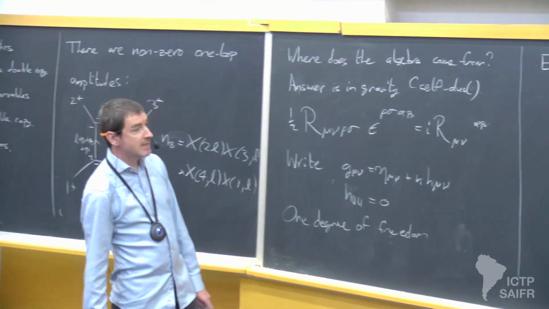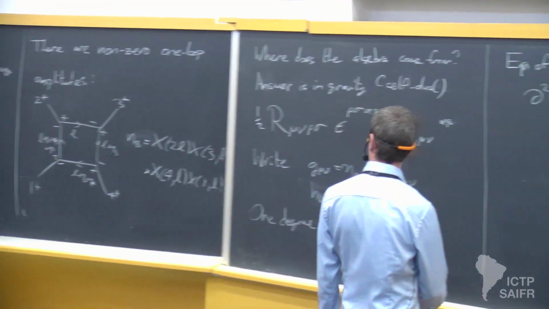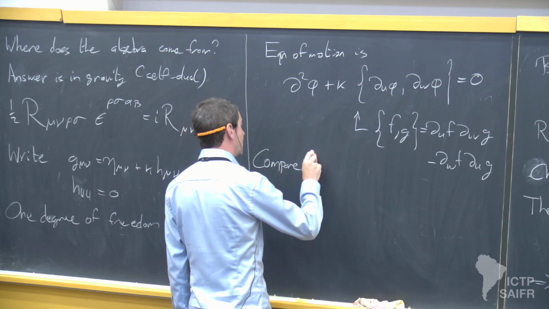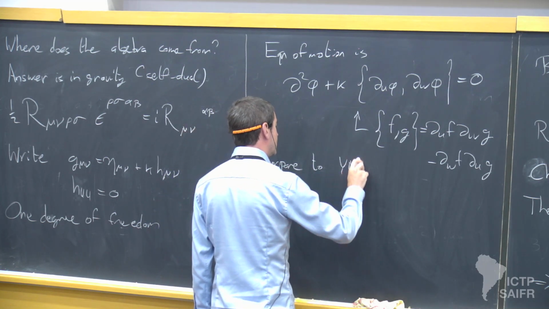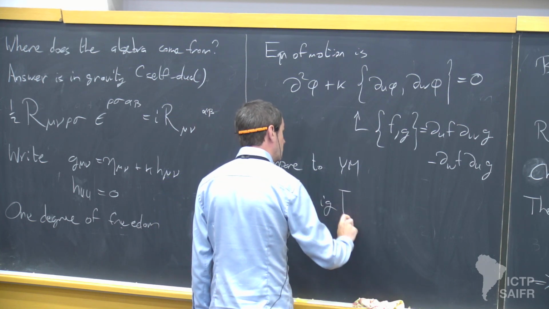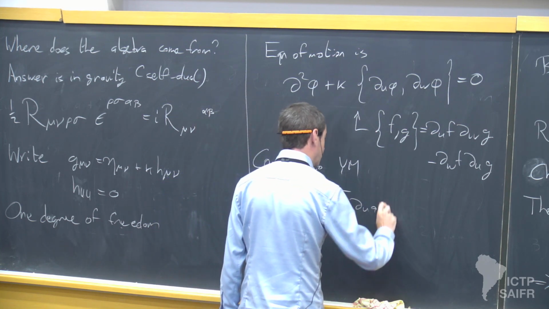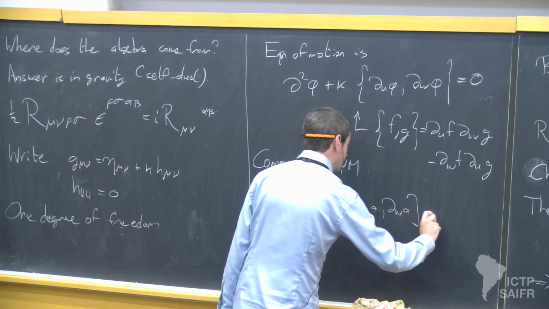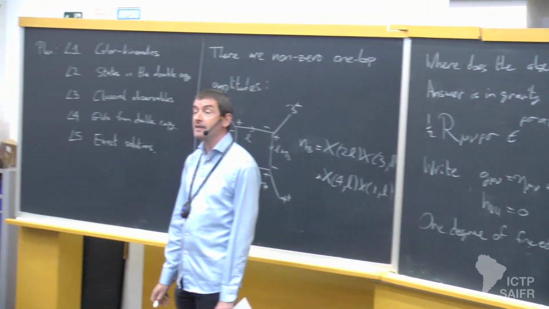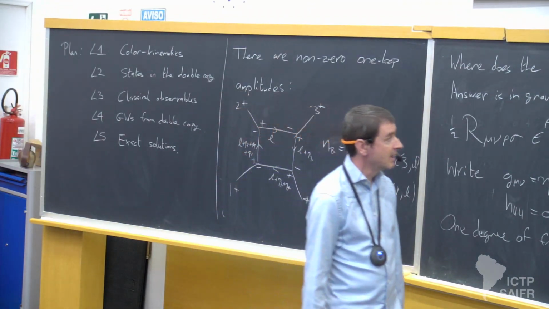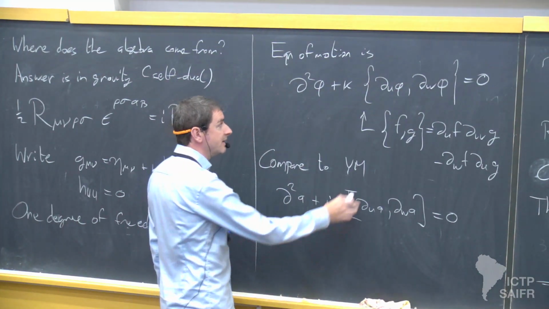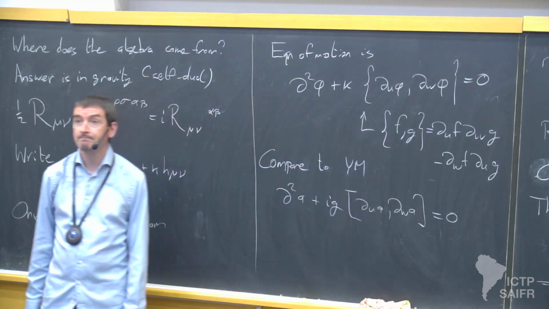In Yang-Mills, we had d squared A plus something like du A, dw A. So you could see that what the double copy is essentially doing here, the color-kinematics replacement, is replacing the bracket of Yang-Mills theory with this Poisson bracket.